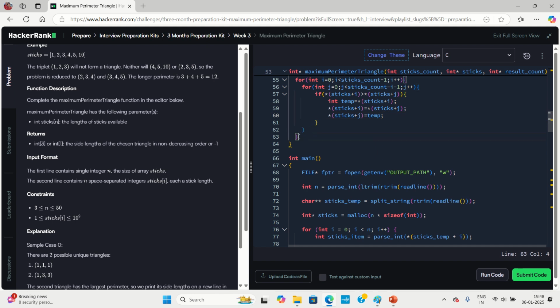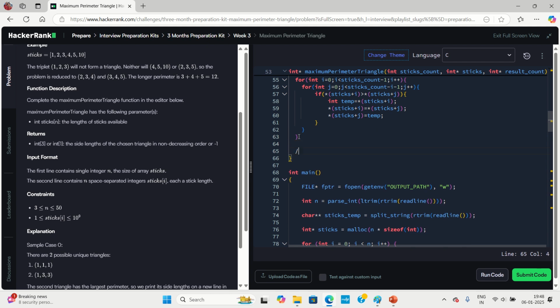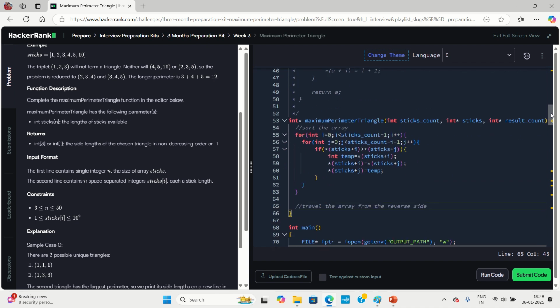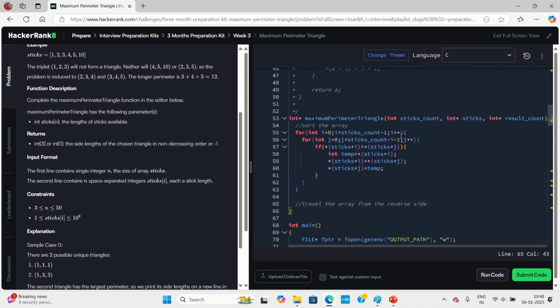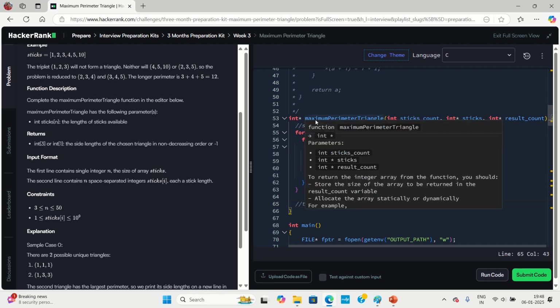Okay, fine. Now, what can we do? Let us travel the array from the reverse side, and we need to return an array.